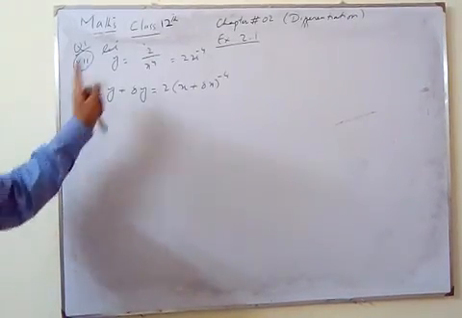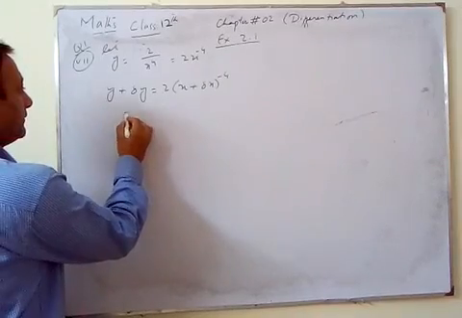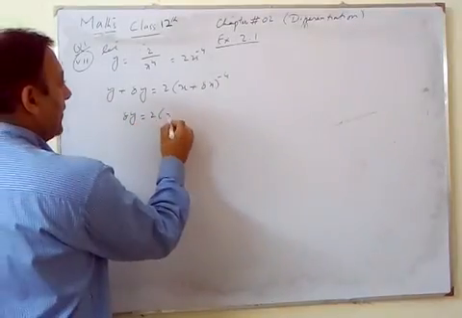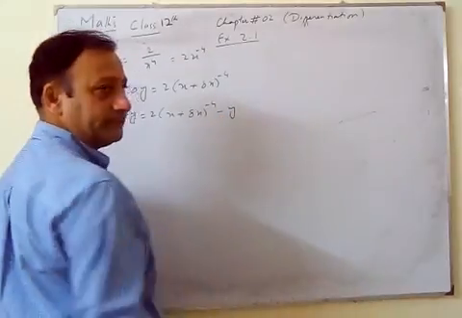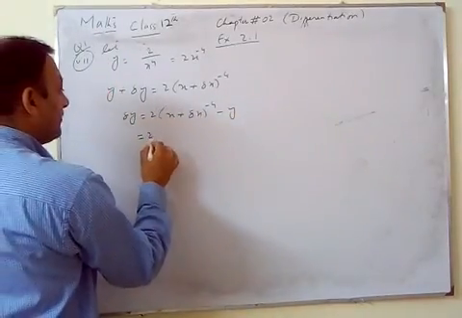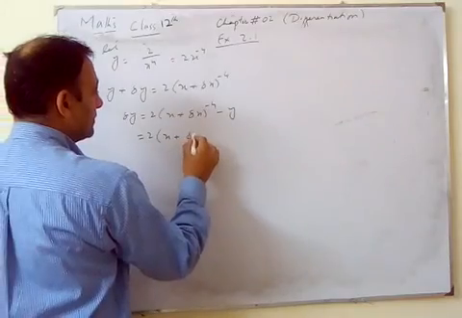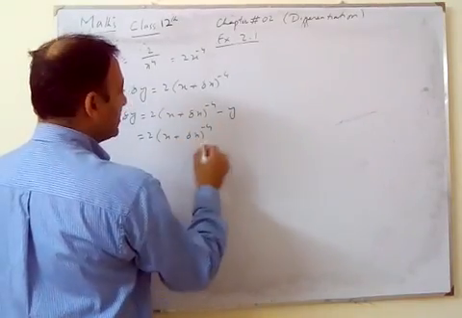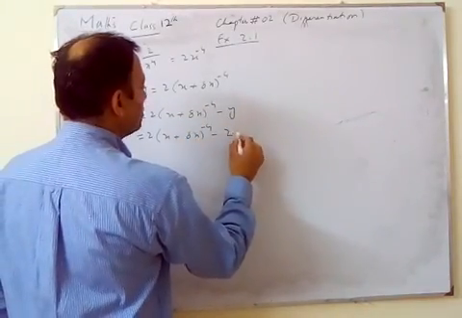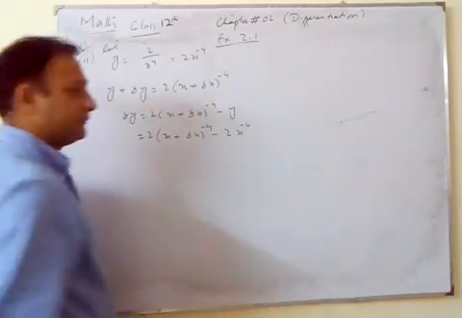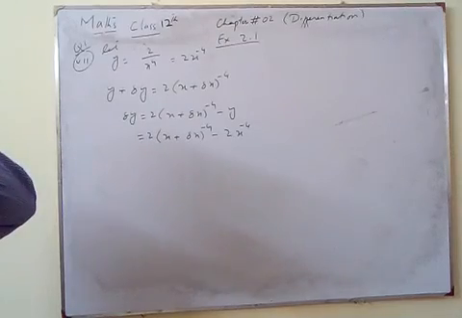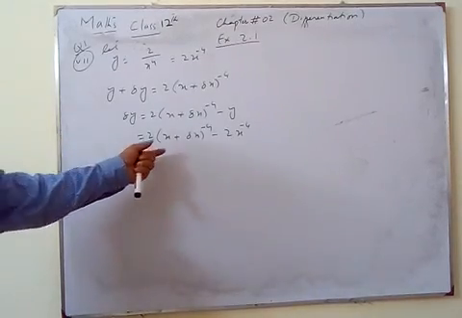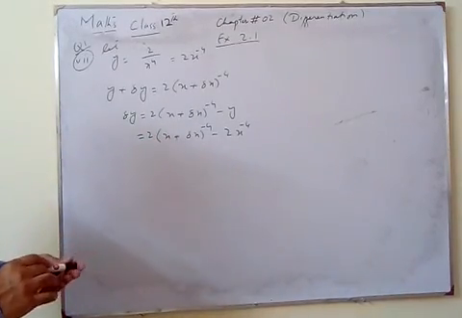Shift this y from left to right: delta y is equal to 2 into x plus delta x power minus 4 minus y, or when we use the value of this, minus 2 into x power minus 4. Now, how can we simplify?